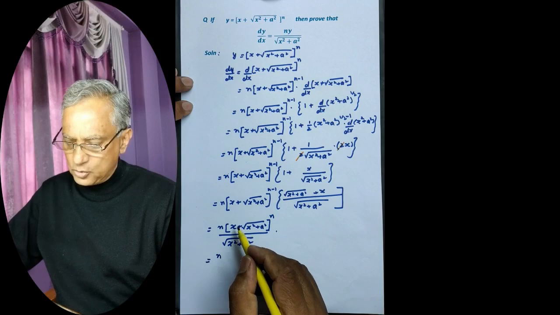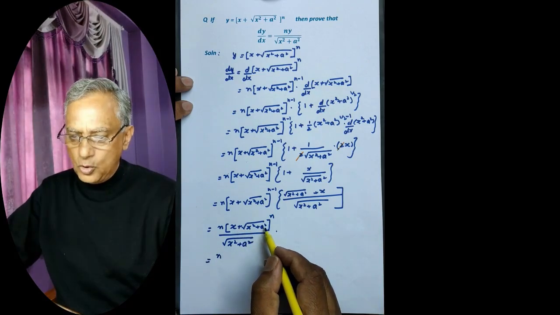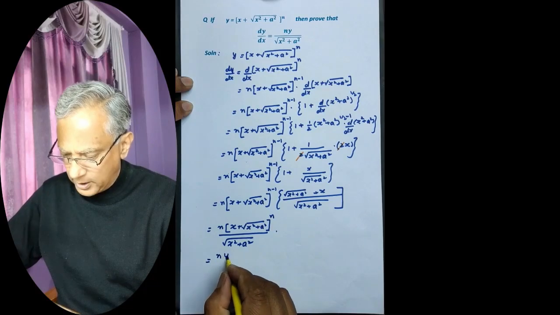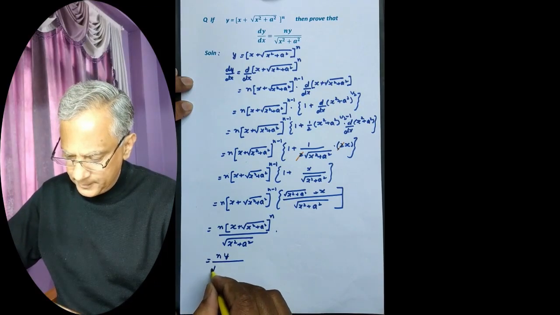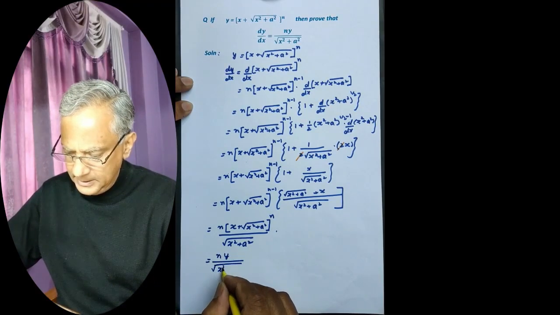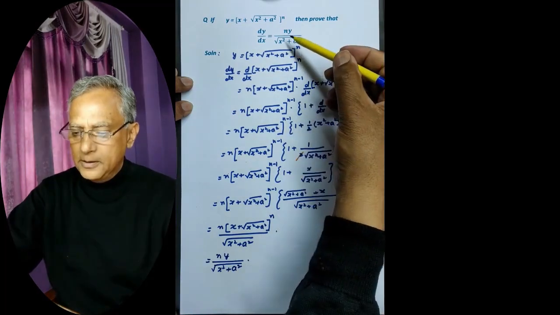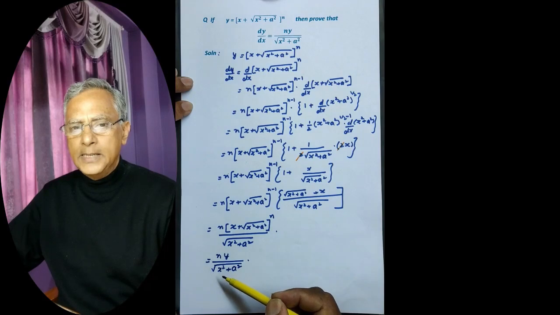Now (x + √(x² + a²)) to the power of n is y, so we get ny over √(x² + a²), and this was the result to be proved. Hence proved.